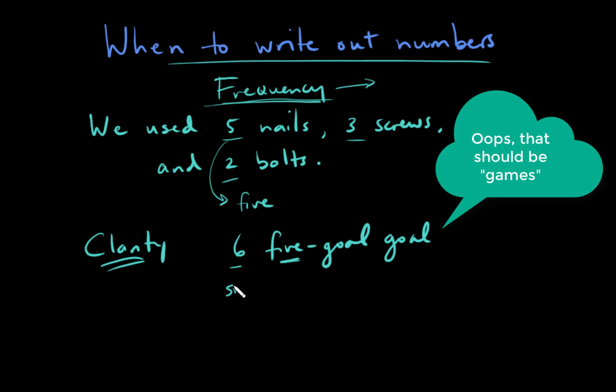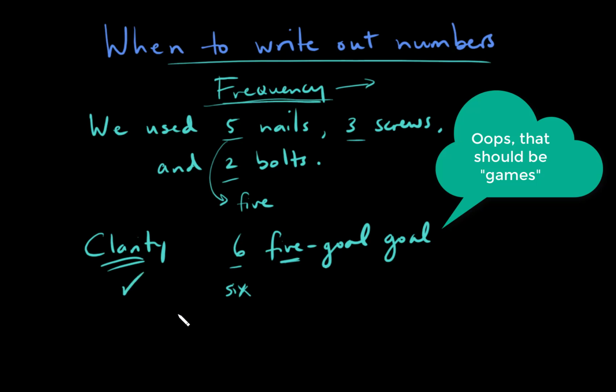We could write 6 if we wanted to. But these are two different measurements, right? And it can get confusing if they're both written out or both in numeric form. So when you have two measurements right in a row, two numbers, you're allowed to mix it up a little bit just to create that kind of clarity.